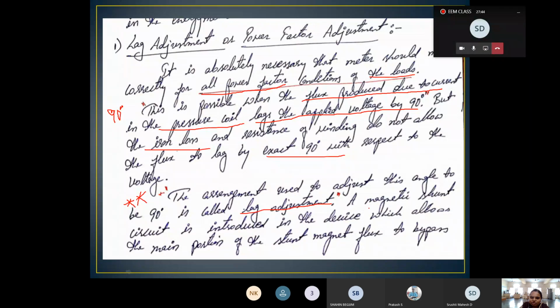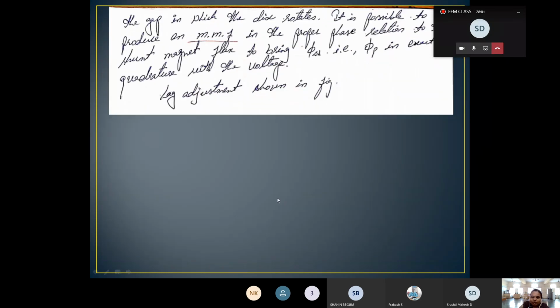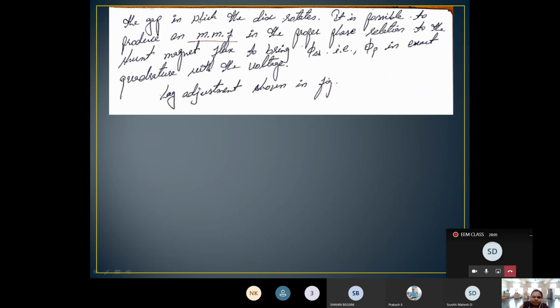We are going to do this lag adjustment using a magnetic shunt circuit introduced in the device, which allows the main portion of the shunt magnetic flux to bypass the gap in which the disc rotates.